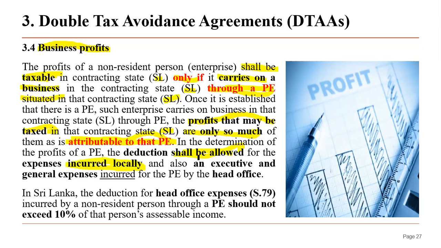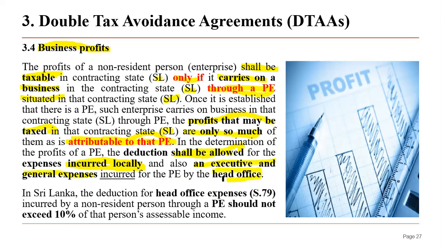And also executive and general expenses incurred for the PE by the head office. There may be head office expenses incurred for the PE, right?